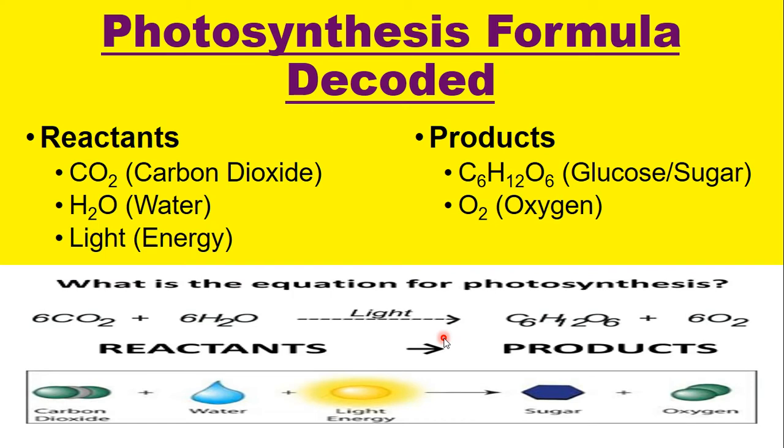To the left of the arrow are the reactants. So carbon dioxide, water, and light, or the energy, are the reactants. They're going to combine together in some form. The products are on the right side of the arrow, and they are what's made. In this case, for photosynthesis, it's glucose or sugar and oxygen.